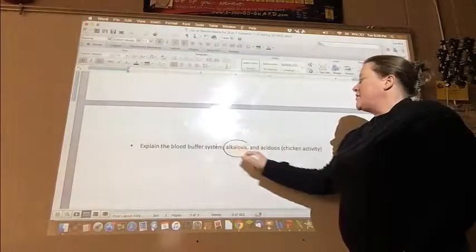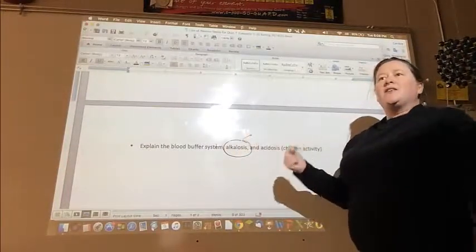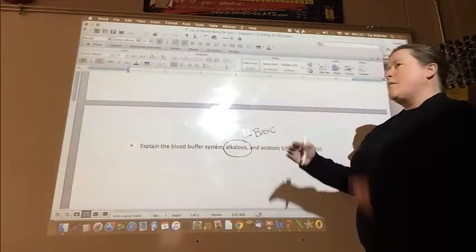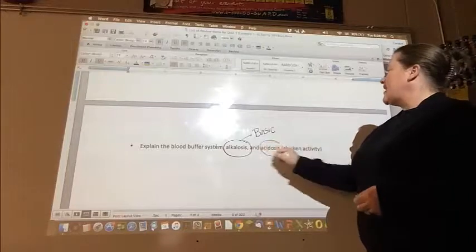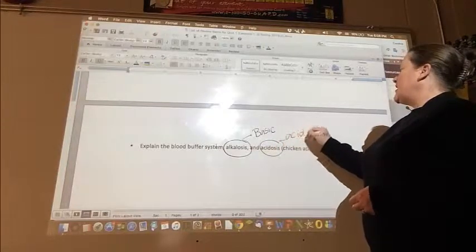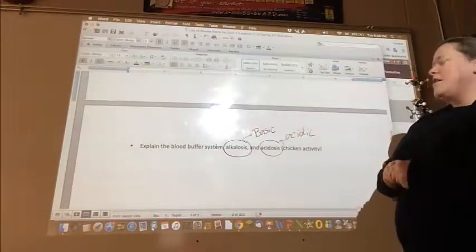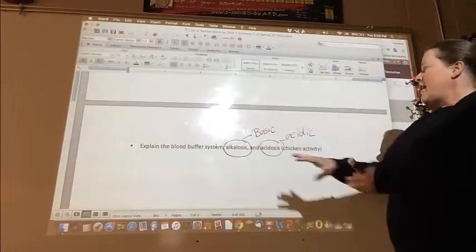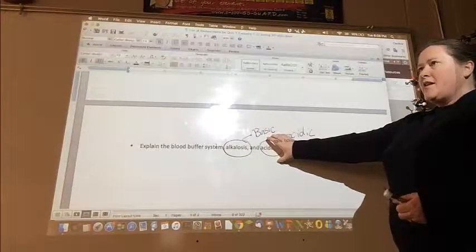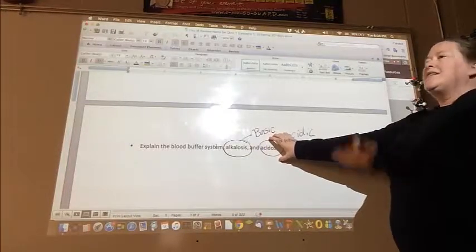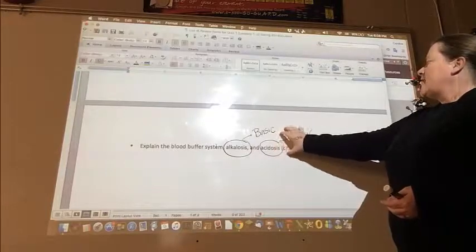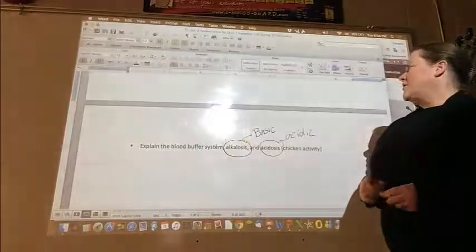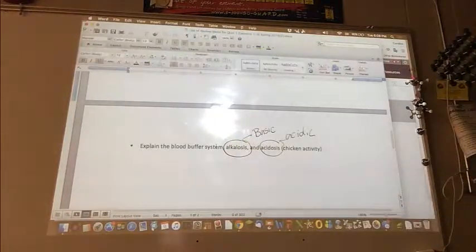Now, you don't need to give me a diagnostic of what alkalosis is, other than to know that it is a more basic condition, and then acidosis is acidic, and it's a result specifically of either having too much carbon dioxide in the body, a buildup of carbon dioxide because your body can't eliminate it properly, resulting in this acidic environment, or your body getting rid of too much carbon dioxide.